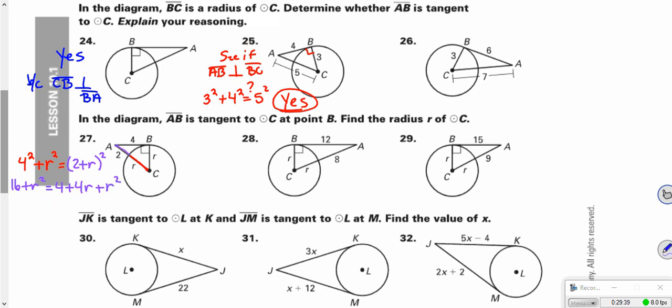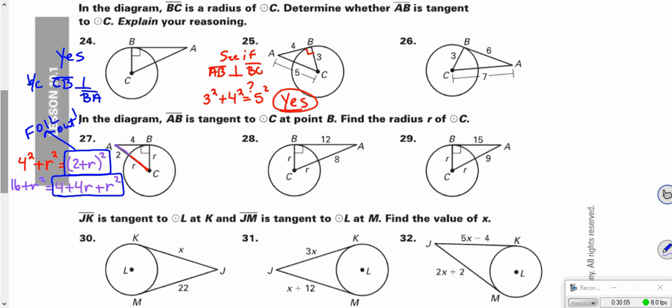Now, let me make a note here. This right here has to be FOILed out. That's where this came from. You're literally multiplying 2 plus r times 2 plus r, which is 4 plus 4r plus r squared.